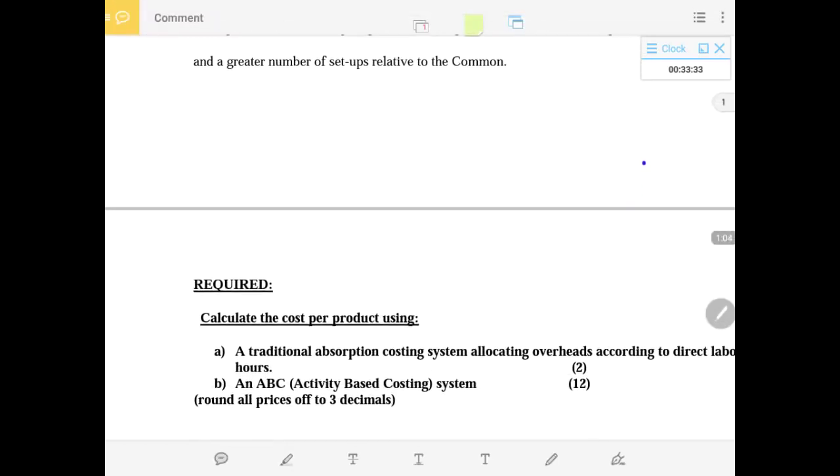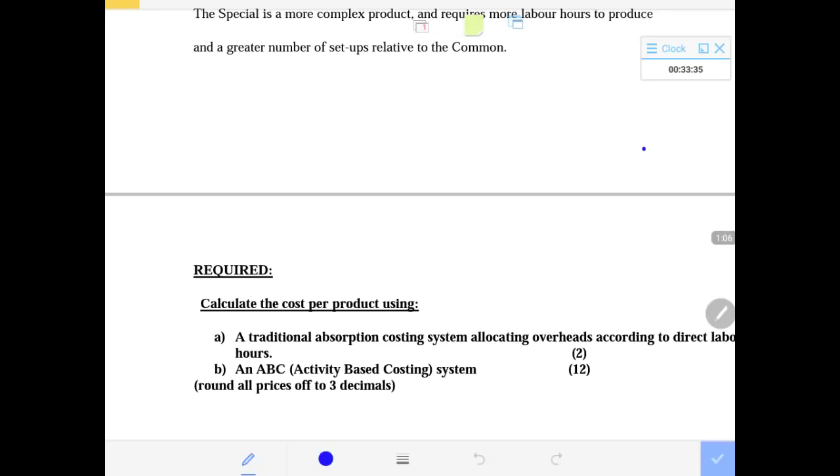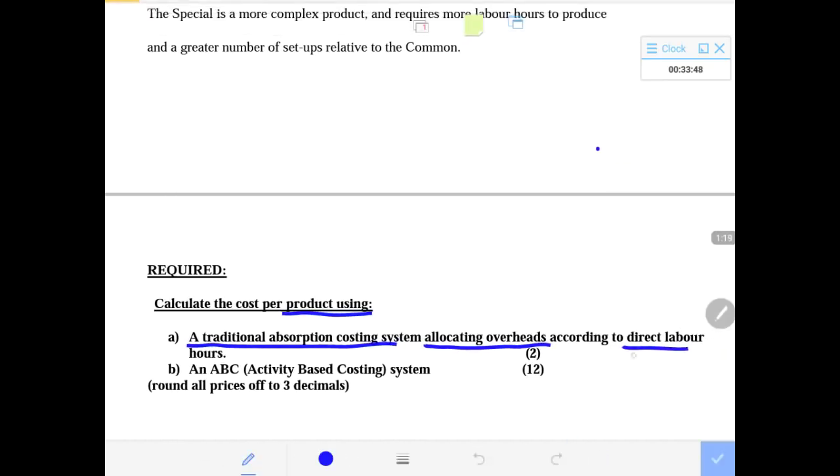Then we are required to calculate the cost per product using a traditional absorption system when overheads are allocated according to the direct labor hours. So they say assume that direct labor hours is the base of calculating our overheads. Then after we are to calculate the cost per product using an ABC or activity-based costing system.